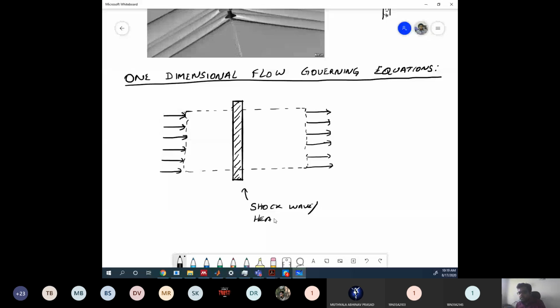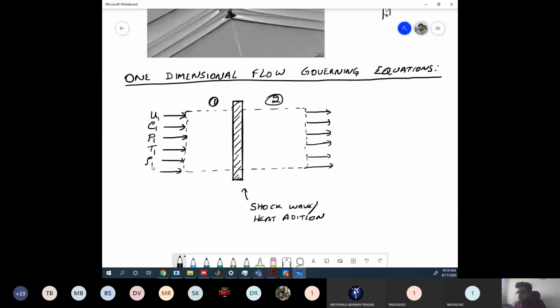So whenever you have the incoming flow with U1, let's assume the flow properties at this point. Let's take this as region 1 and region 2. So this will be the incoming velocity. The internal energy was E1, pressure was P1, temperature was T1, density was rho1.